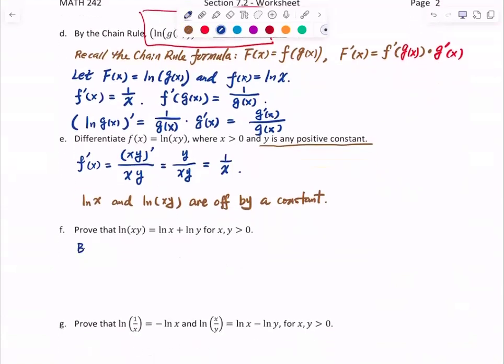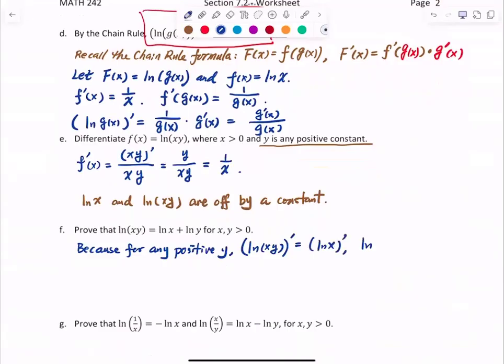For any positive y, because they have the same derivative, they are off by a constant. But let's figure out what the constant is.